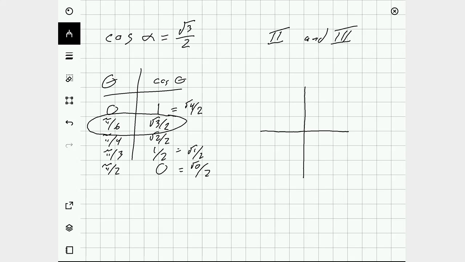So an angle in the second quadrant with a reference angle of pi over 6 would be this angle here, right?